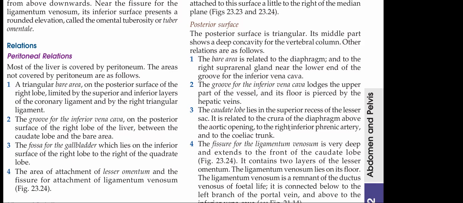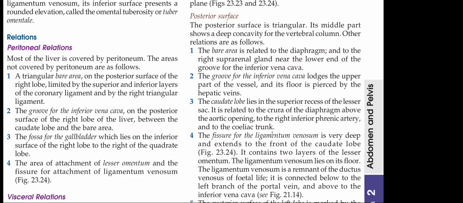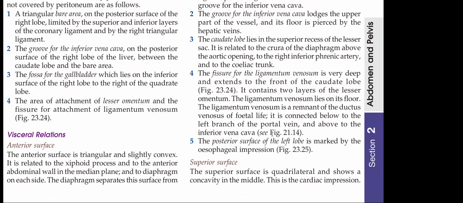It is related to the crura of the diaphragm above the aortic opening, to the right inferior phrenic artery, and to the celiac trunk. The fissure for the ligamentum venosum is very deep and extends to the front of the caudate lobe. It contains two layers of the lesser omentum.